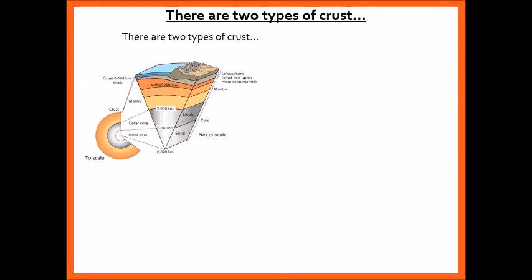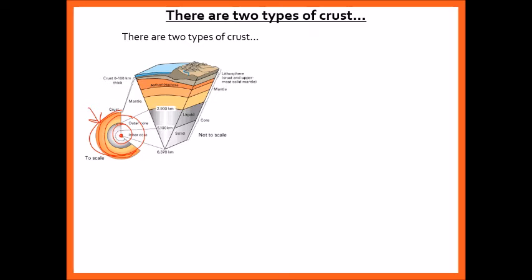Okay, so from the video, hopefully you gathered a good background information about what's happening at the plate boundaries, and now we're going to make some notes on that, neatly in your book or on a Word document. So there are 2 types of crust. Remember, we have our inner core here, our outer core, our mantle, and then the crust, which is this layer right on the outside.